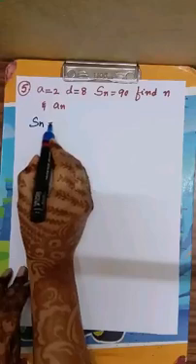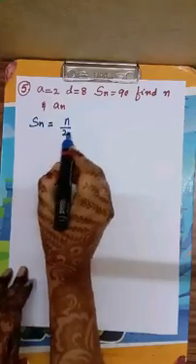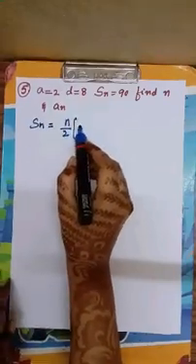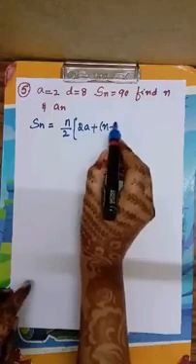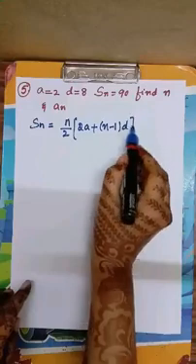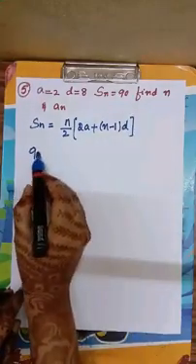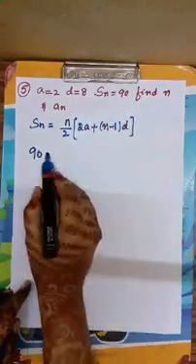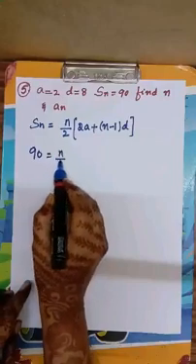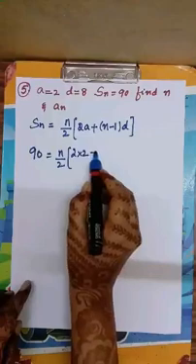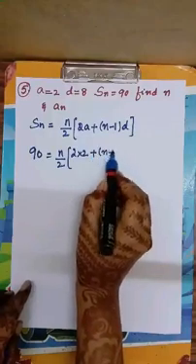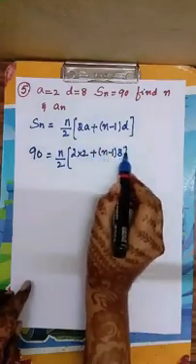Sn is equal to n by 2 into 2a plus n minus 1 into d. Sn formula: 90 is equal to n by 2 into 2 into 2 plus n minus 1 into 8.